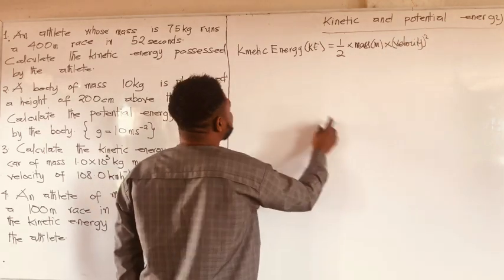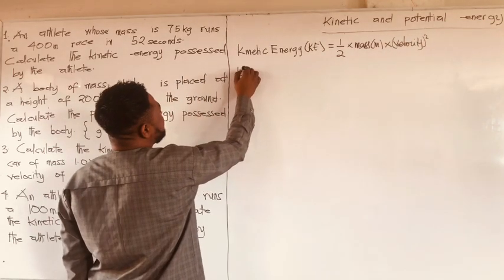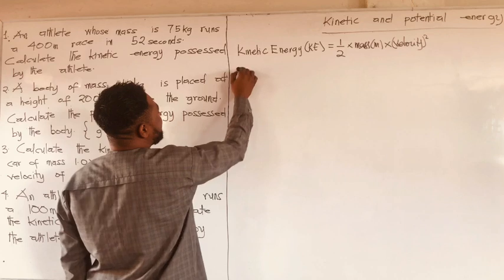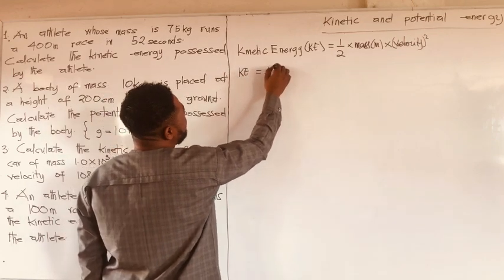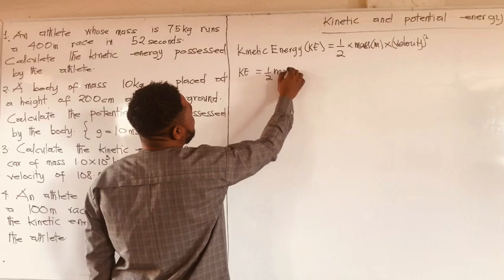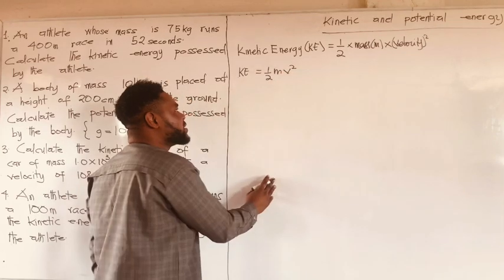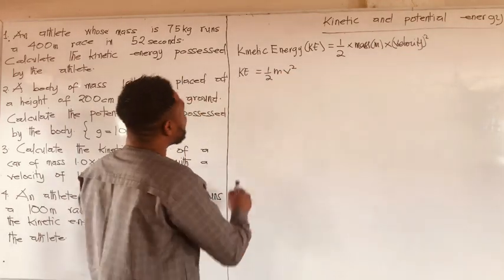So we can reduce it as KE, where KE represents kinetic energy, equal to half multiplying the mass of the body times velocity squared, as we can see.